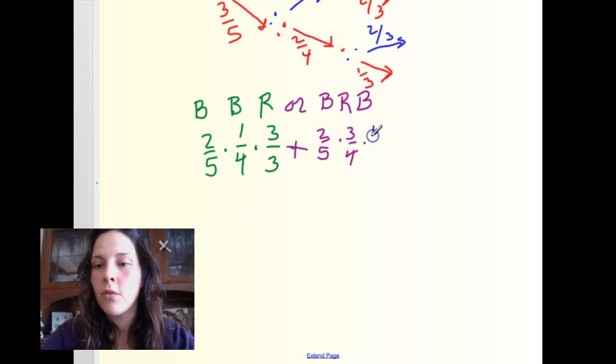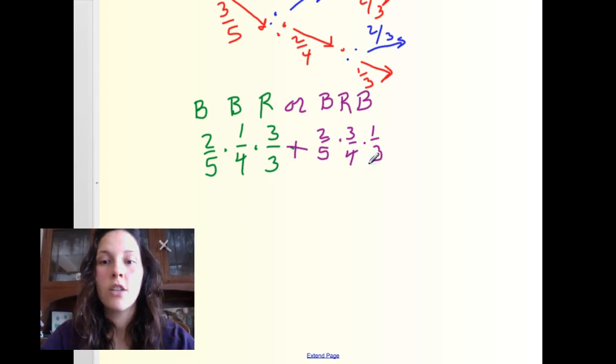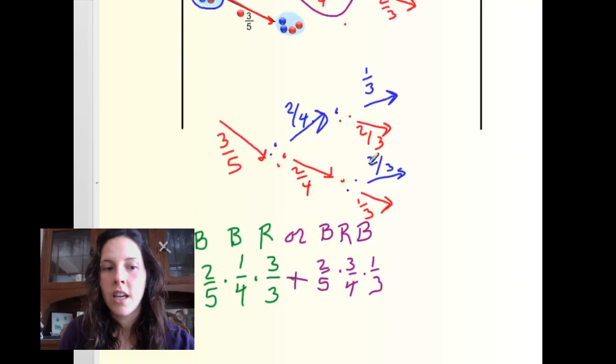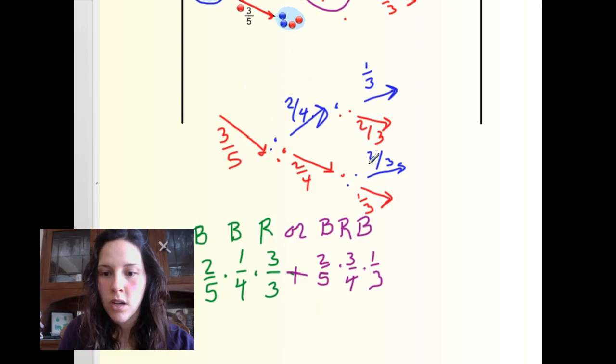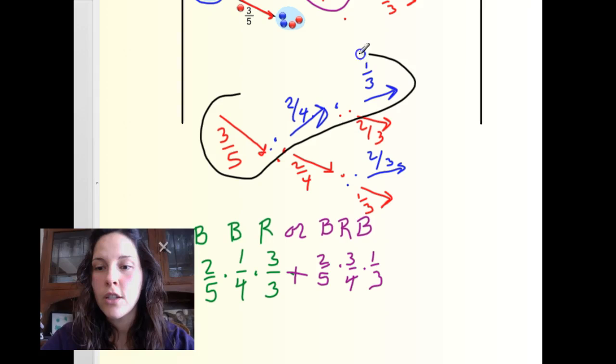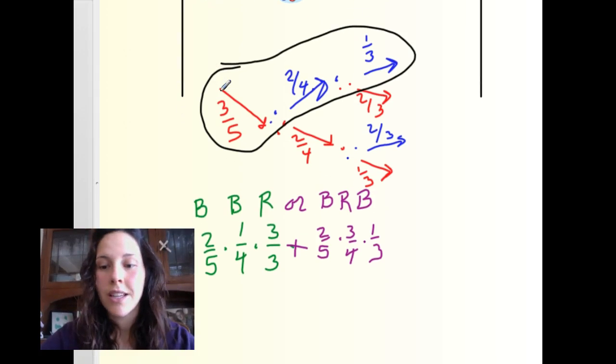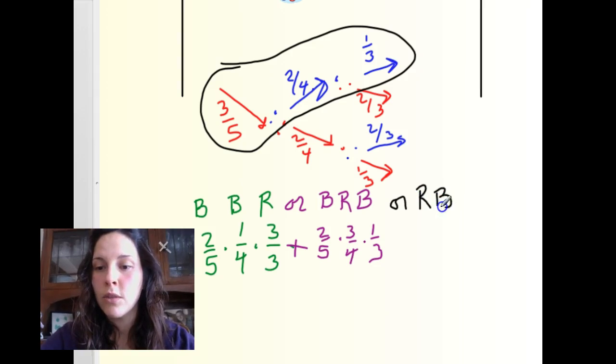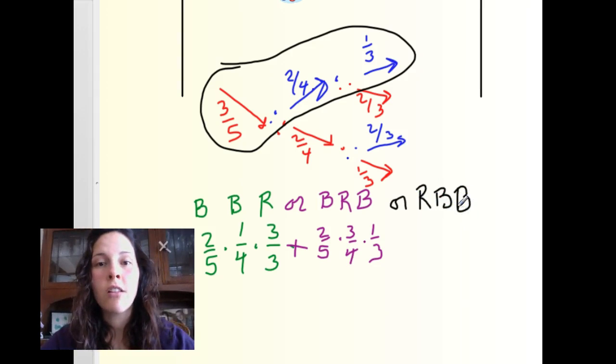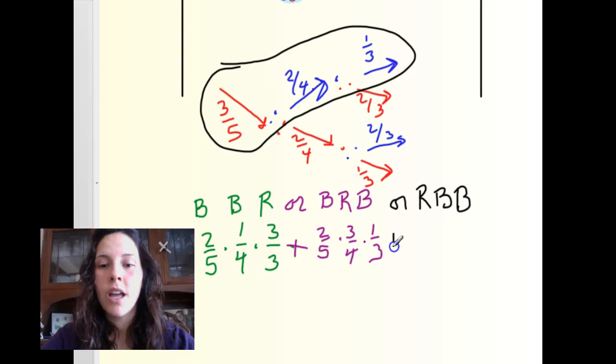Notice again, dependent probabilities, they changed based on what happened. And we had one more option. So if we pulled red first and then 2 blues. So again, this is "or" red, blue, blue. So these are all of the ways that we could get 2 blue and 1 red out of 3 pulls in any order.